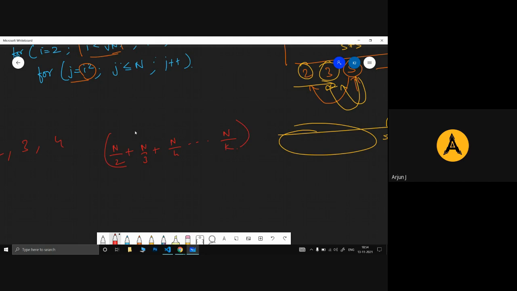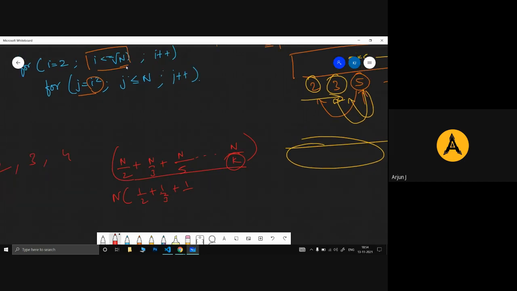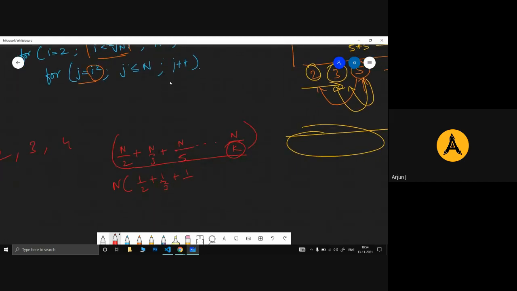If you take n common, you will be able to see that it is 1 by 2 plus 1 by 3 plus 1 by, sorry, it is not going to be 1 by 4. It is going to be 1 by 5 over here, because all the denominators are going to be prime numbers, and k is going to be the largest prime number which is less than square root of n. I hope you get that.